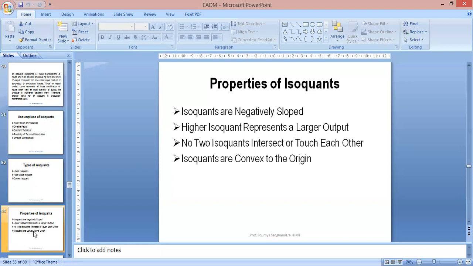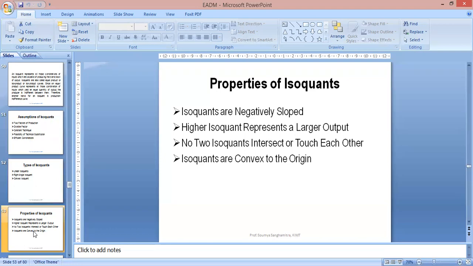Then no two isoquants intersect or touch each other. Isoquants do not intersect or touch each other because they represent different levels of output.